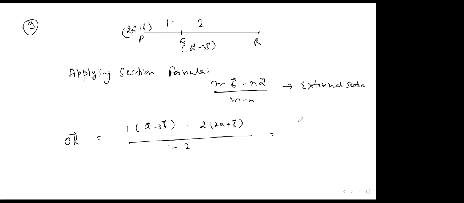So this will be a vector minus 3b vector minus 4a vector minus 2b vector, upon minus 1.